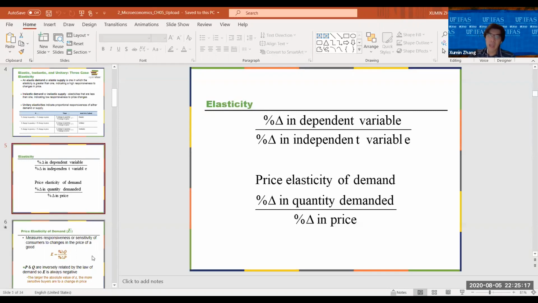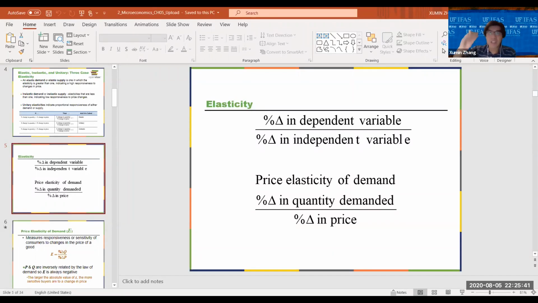This is how we calculate. If we directly talk about the price elasticity of demand, we use quantity demanded, and for supply we change it to quantity supplied. So this is a very straightforward formula.